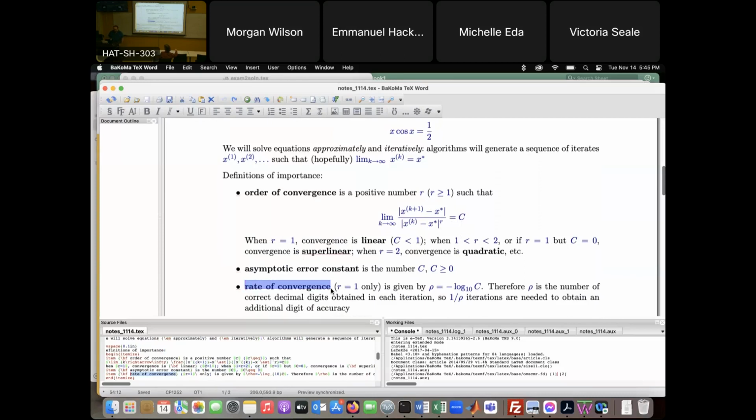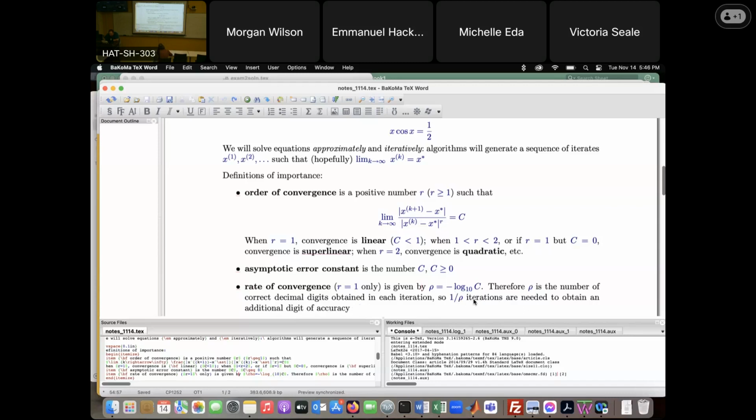So what does it mean in the case of linearly convergent root finding methods? It's how many decimal digits you get in each iteration. Whatever rho is equal to, the reciprocal of that is how many iterations you need to get a new digit.